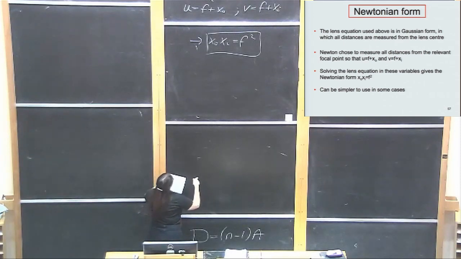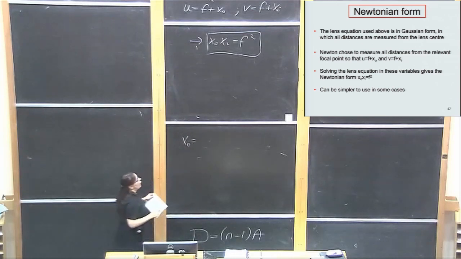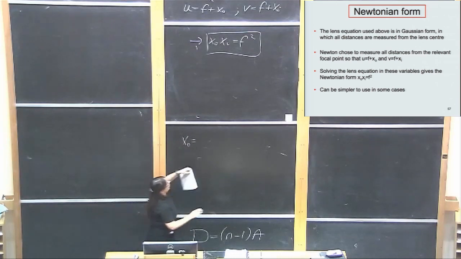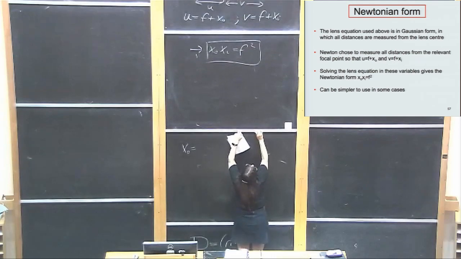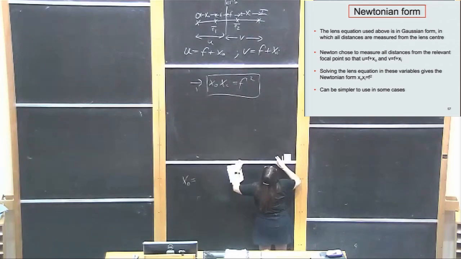So I'm going to give you just some sets of sign conventions and definitions for how you measure x0 and xi, which will help you figure out what the question is asking.